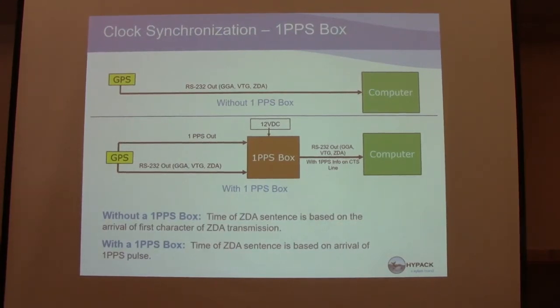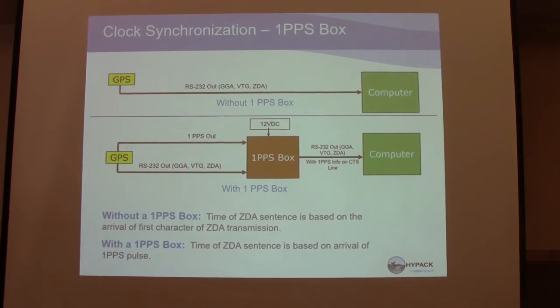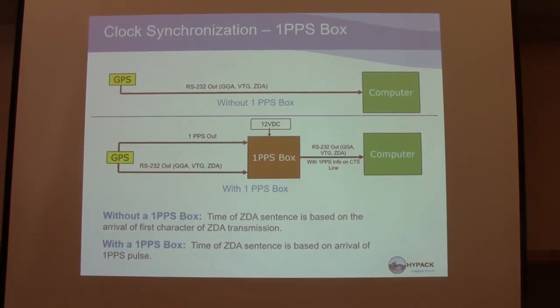So I talked a little bit about the POS MV having PPS. There are other devices that have a BNC cable that give us PPS. Some of the older Trimble models and some of the newer Trimble models have a BNC PPS connector that you can plug into a PPS box. And other people may make them. We make one as well.